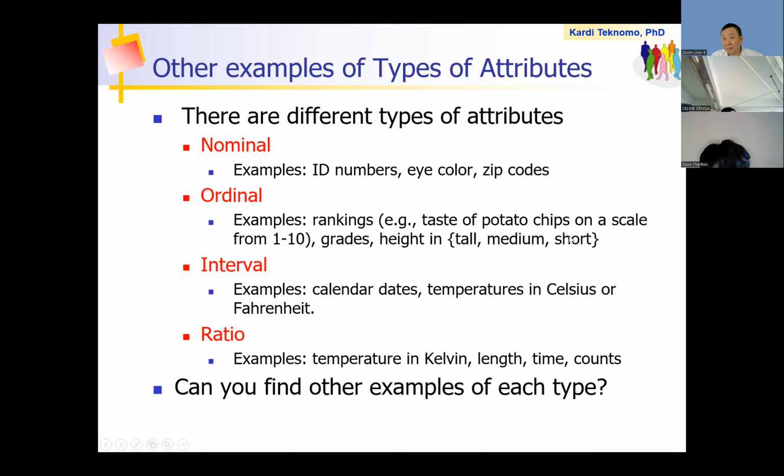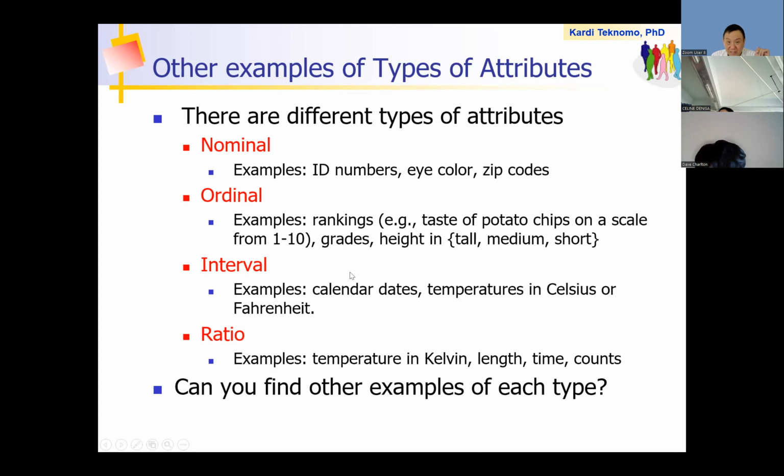You have order, but you cannot minus. For example, tall minus medium has no meaning, right? Even if you put tall is 3, medium is 2, short is 1, tall minus medium is 3 minus 2 is 1. Tall minus medium does not become short, isn't it? So there is no meaning in the arithmetic of the ordinal scale.